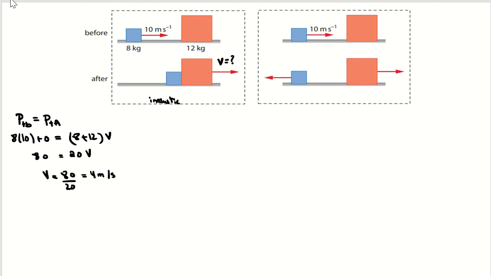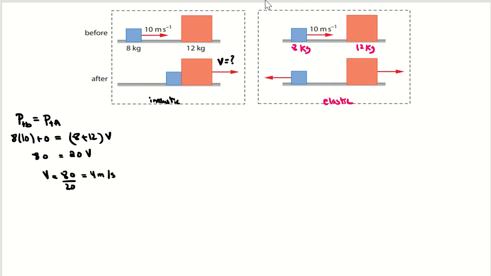Now, this collision, let's say he's saying that this is an elastic collision, so the same 8 kilogram object here, the same 8 kilogram is moving with the same previous velocity, and it's hitting a 12 kilogram, which is at rest, but this time they are bouncing away from one another, and he said that this type of collision is elastic, okay?